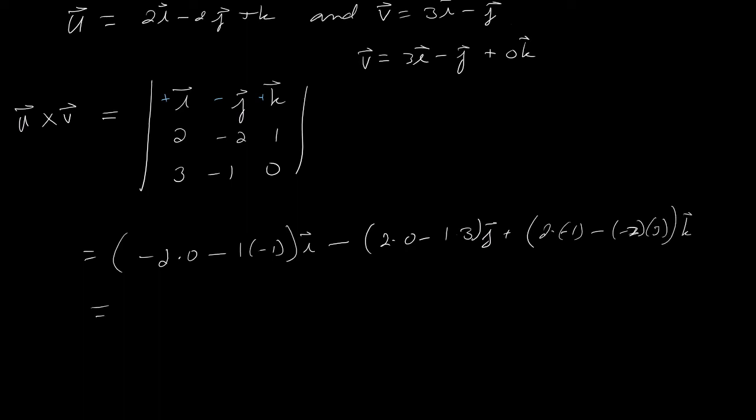So that's going to be positive 1i minus negative 3j, so plus 3j, plus negative 2 plus 6 would be positive 4k.